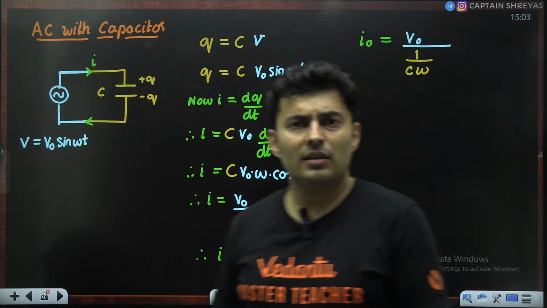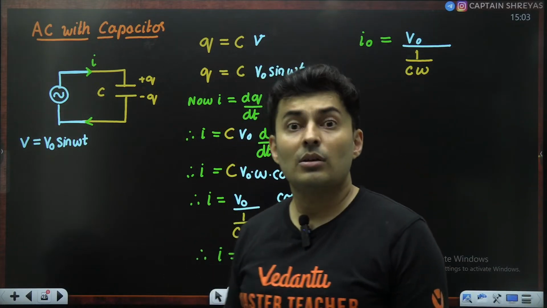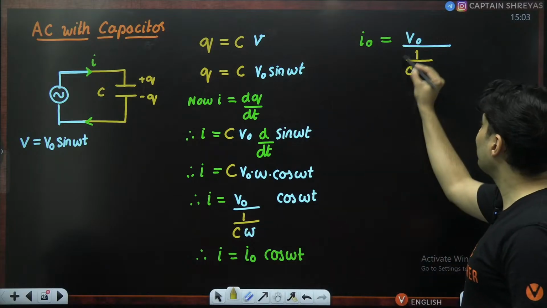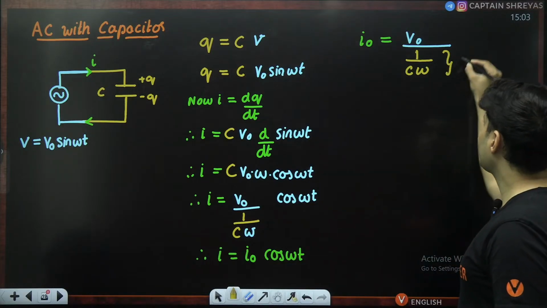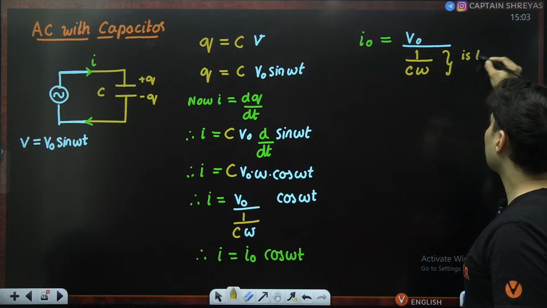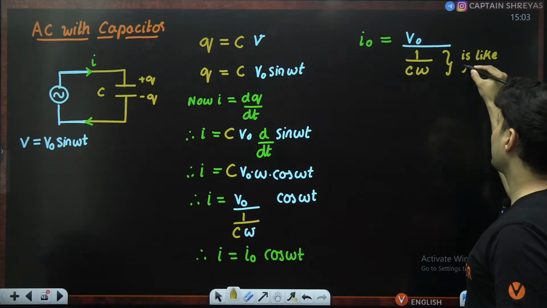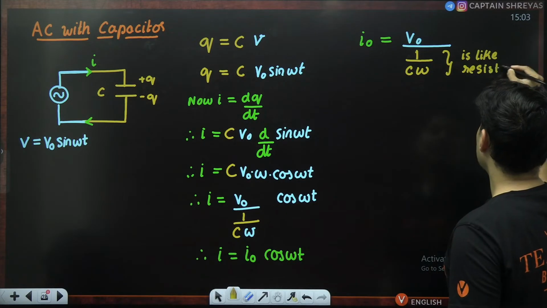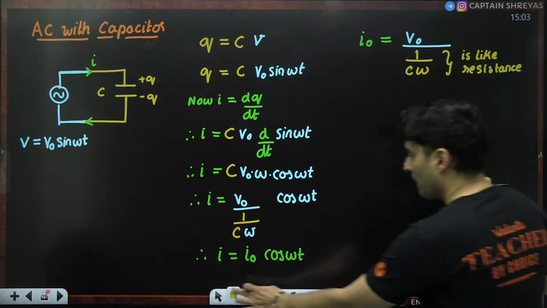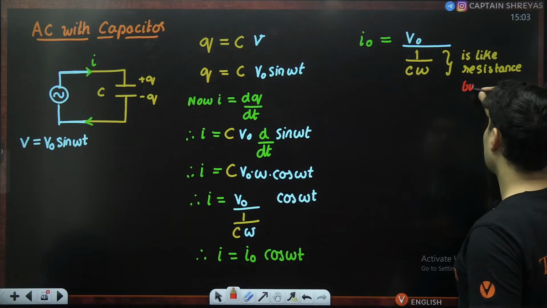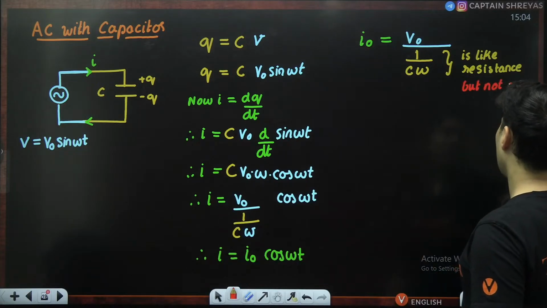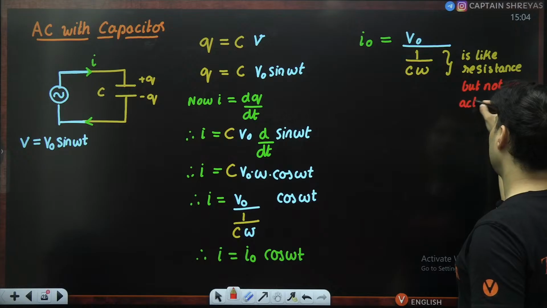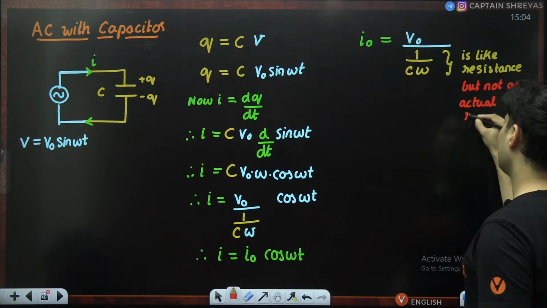I want current to be voltage by resistance, which means whatever I have written here is like a resistance, but not an actual resistor.